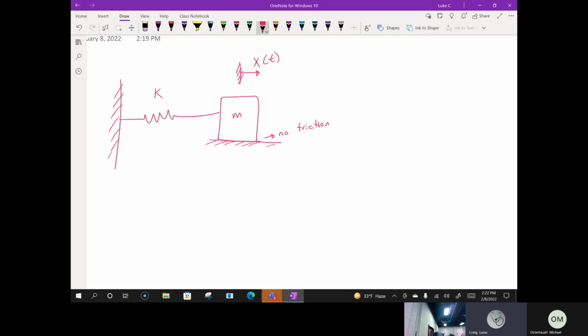Can someone tell me, in this case right here, what's going to happen? What would you see the mass do? There we go. So it's just going to keep going in the same motion with the same amplitude back and forth, right?